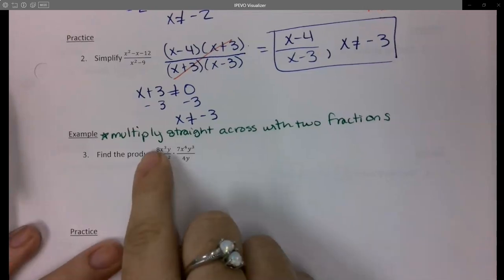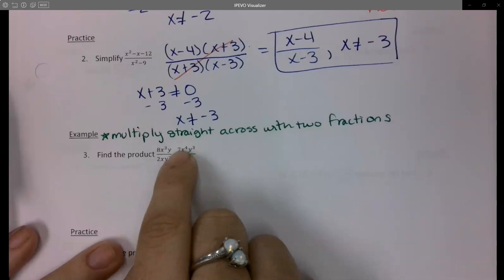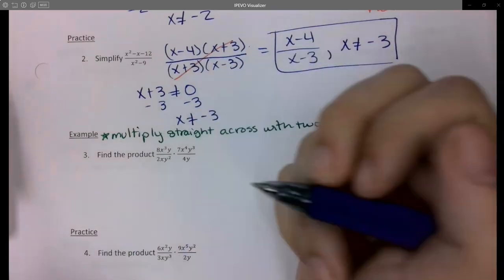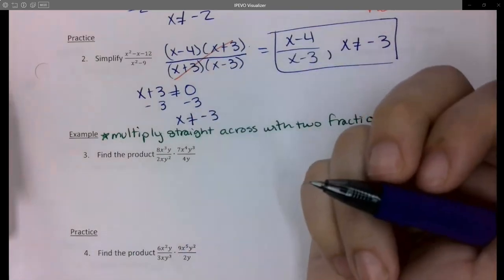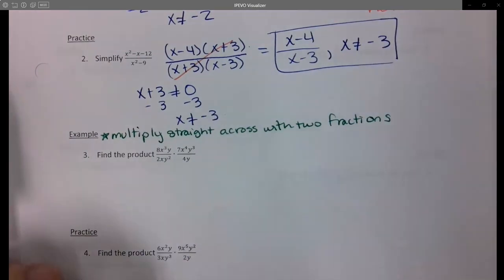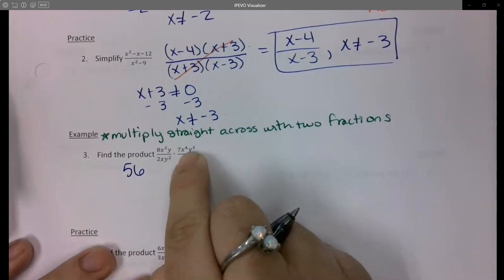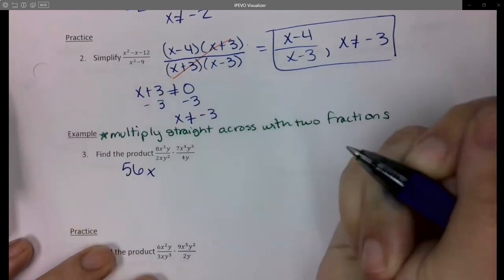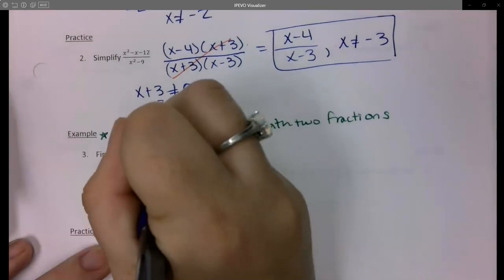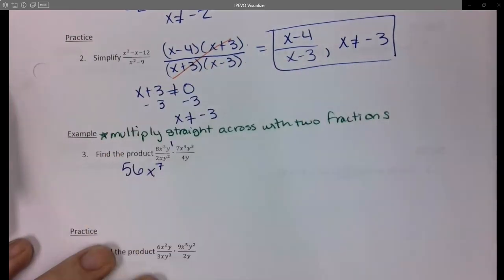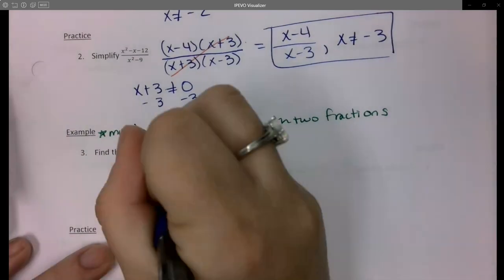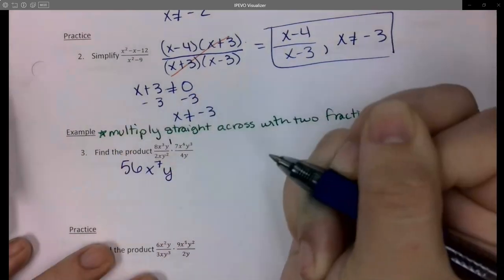So, since I'm multiplying straight across, what's 8 times 7? Okay. Then with my x exponents, I just add them. So 3 plus 4 is 7, and then my y exponents, I add them as well. When something's not written, we always assume it's a 1. So 1 plus 3 is 4.